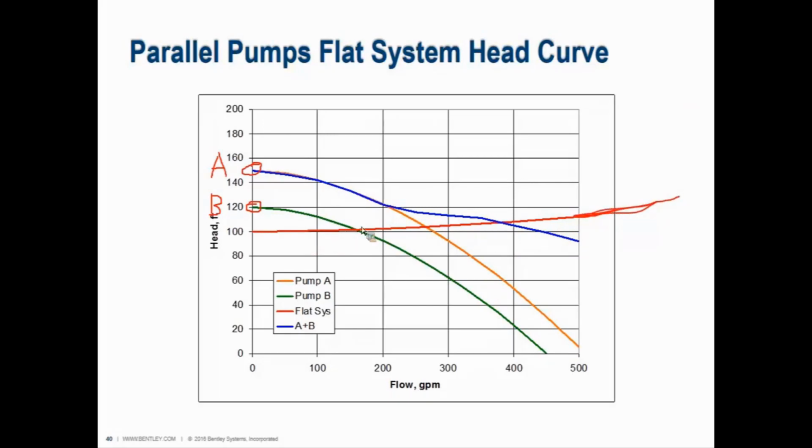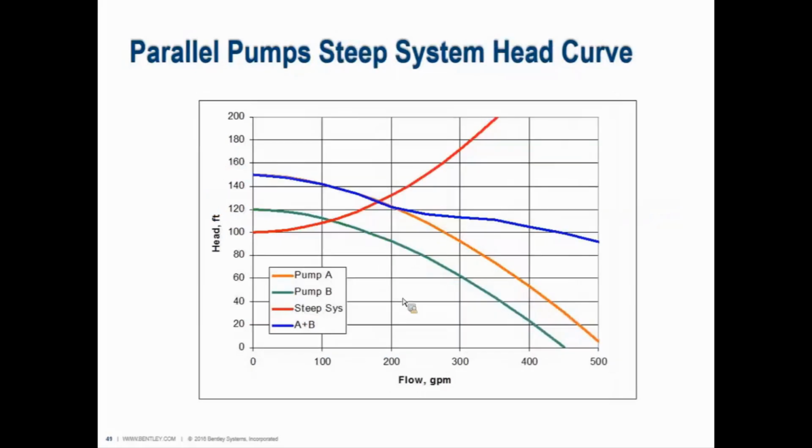So if pump B is running, it'll intersect here. If pump A is running, it will intersect there. And the blue line is the pump curve when both are running. So in all 3 cases, pump A, pump B, and both, we're getting additional flow by turning more pumps on. Okay, that's operating the way it should.